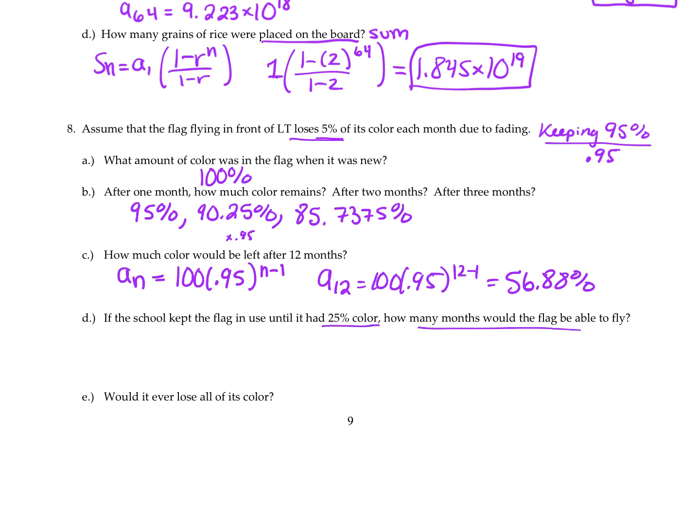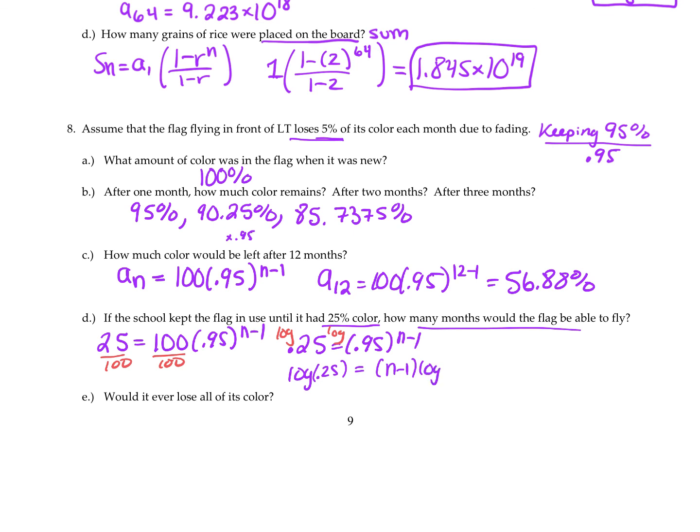If the school kept flying the flag until it has 25% of its color, how many months would it be able to fly the flag? So I want 25 to be my output, 100 again is my A1, and now I'm solving for n. I'm going to divide by 100. 0.25 equals 0.95 to the n minus 1. I'm going to take the log of both sides. So I'm going to have the log of 0.25 equals n minus 1 times the log of 0.95.